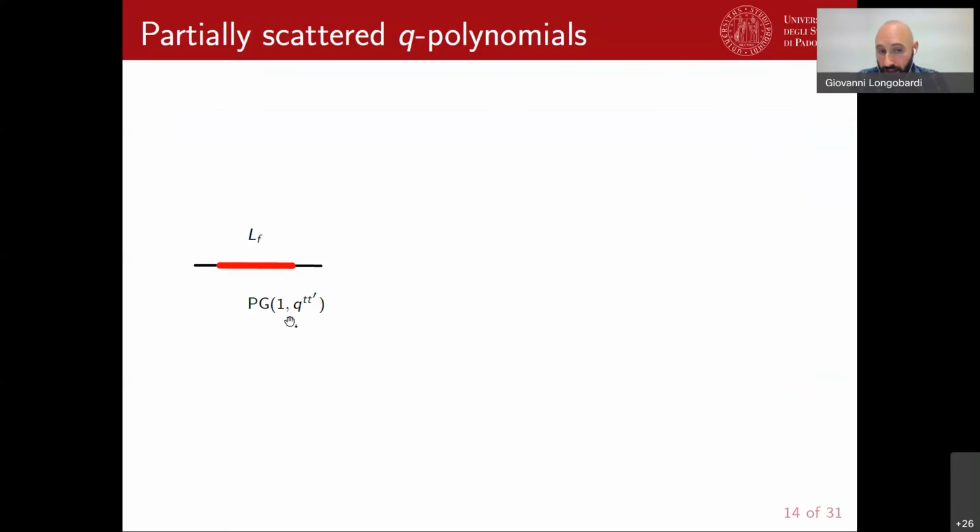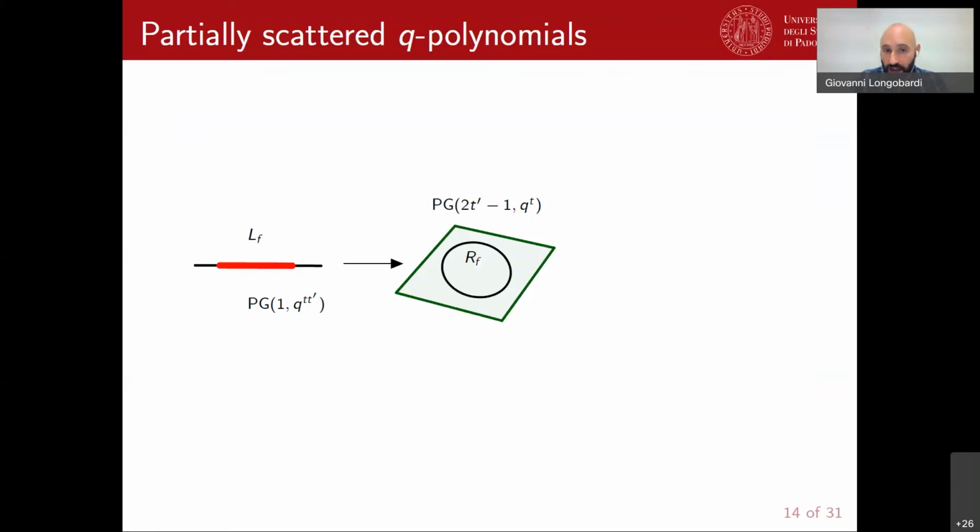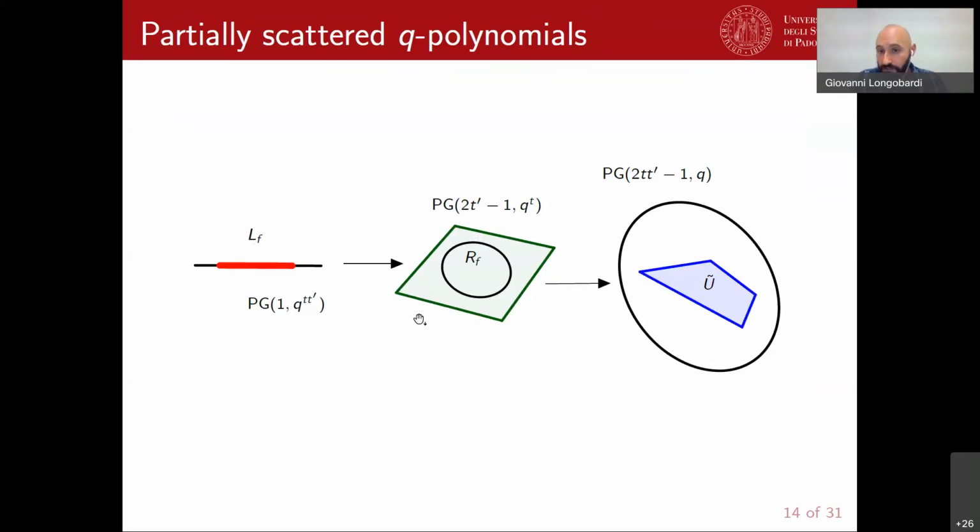Indeed, we have L_f, a linear set in the projective line. We can obtain, because of the map before, the linear set R_f, and then a projective subspace in this projective space. So now we want to see some algebraic, very simple properties.